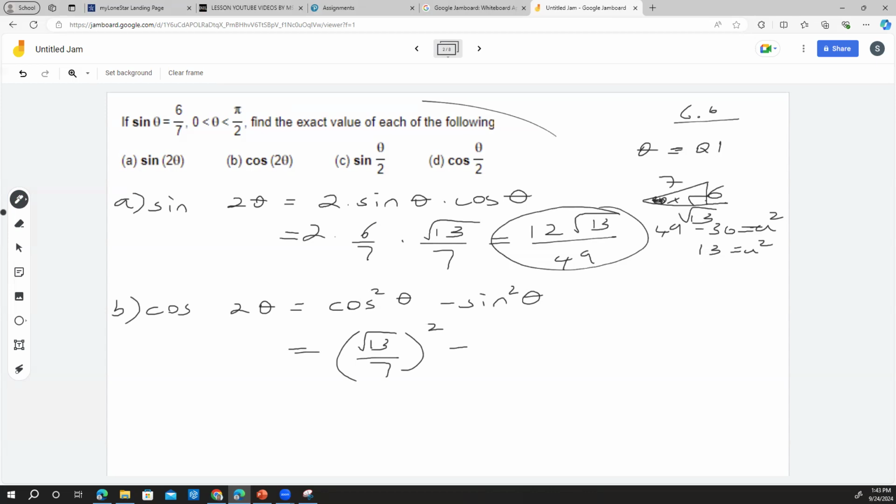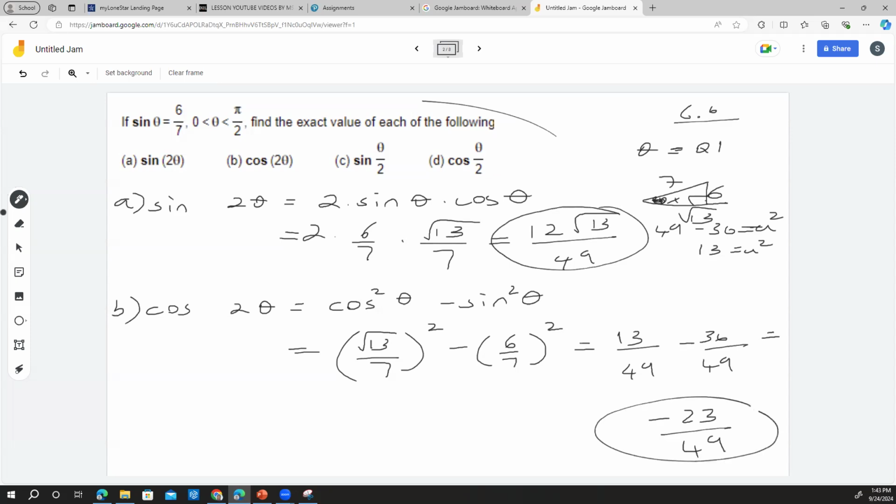The sine value is given in the problem as 6 over 7, and we need to square this before we subtract them. Root 13 squared is just 13, 7 squared is 49, 6 squared is 36, and 7 squared is 49. When we subtract these two numbers, negative 23 over 49 is the expected answer for part B. These two are called the double angle formulas.